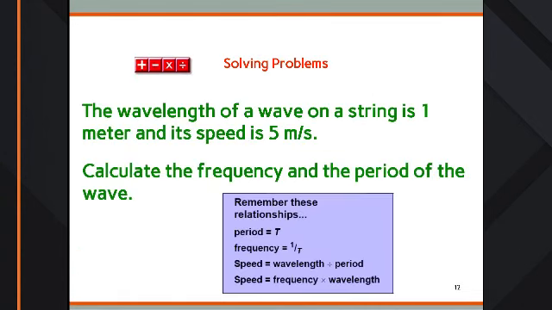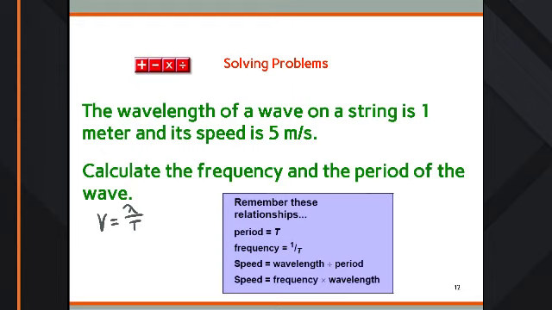Our first example says the wavelength of a wave on a string is 1 meter and its speed is 5 meters per second. Calculate the frequency and the period of our wave. So we need to calculate the frequency and the period. I know that speed equals distance divided by time.